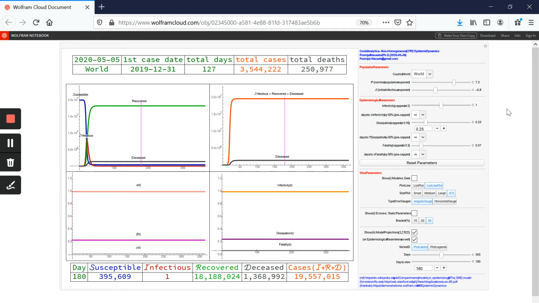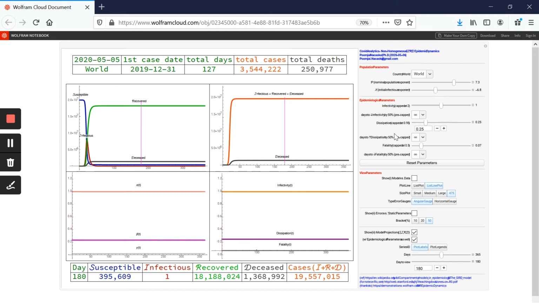Obviously, if you introduce a mitigation measure like social distancing, or better availability of face masks and hand washing and so forth, maybe you can reduce the infectivity rate over time. Okay, so instead of being a constant here, you can make it lower over time. So I introduced an additional parameter called the time to improve.